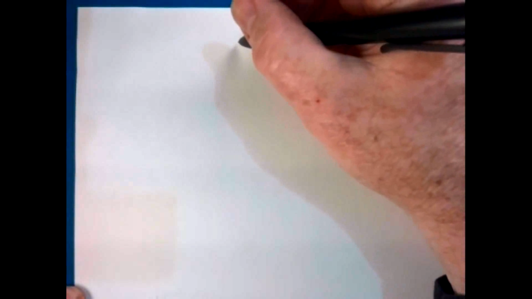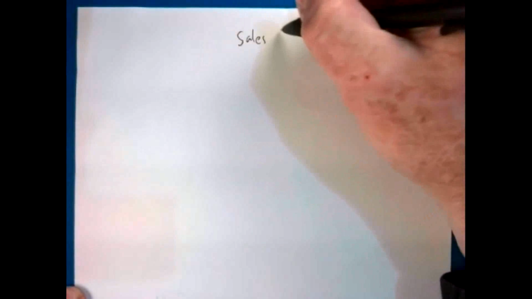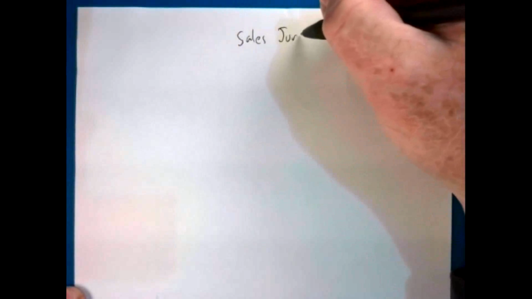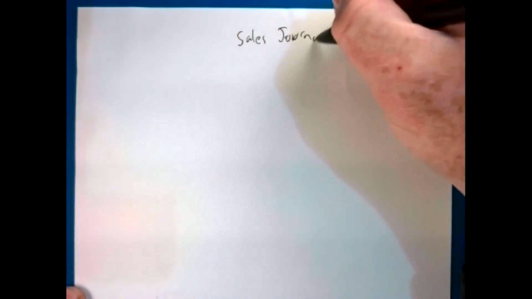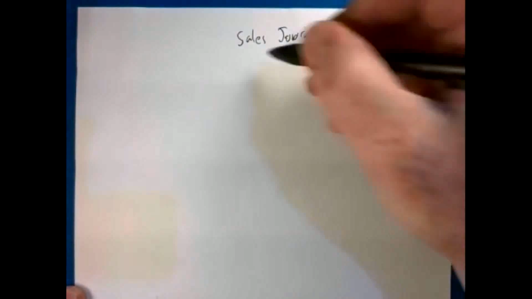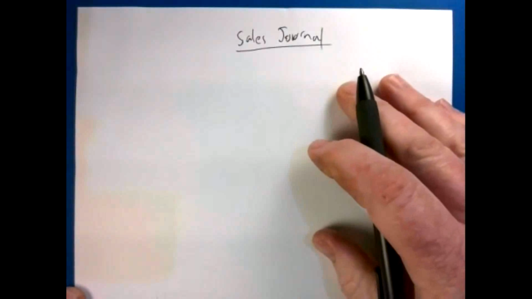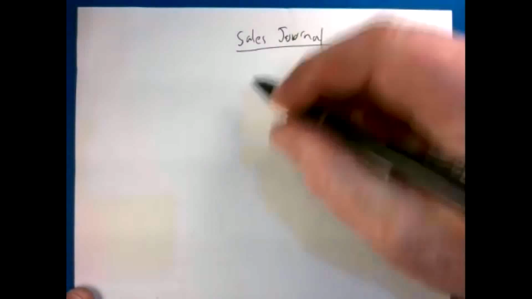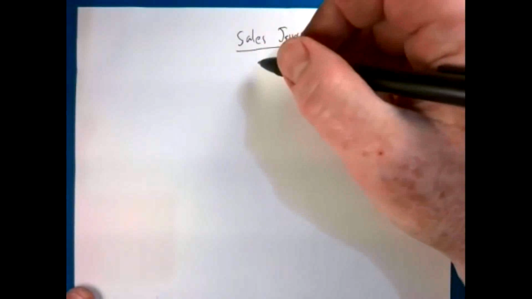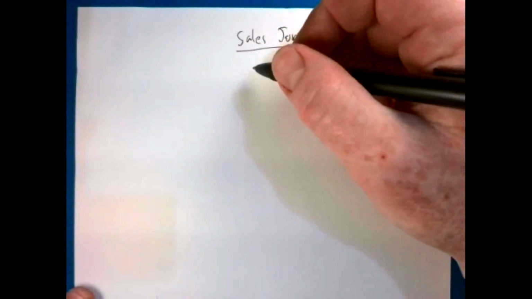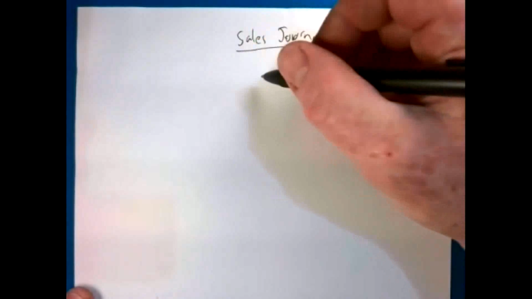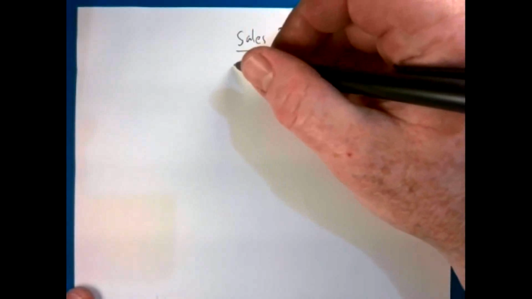So here's kind of what would happen. There are different journals that will go into, so you have a sales journal. Those of you that are working with a program like QuickBooks or something like that, this will be familiar. You have all these different people you deal with.